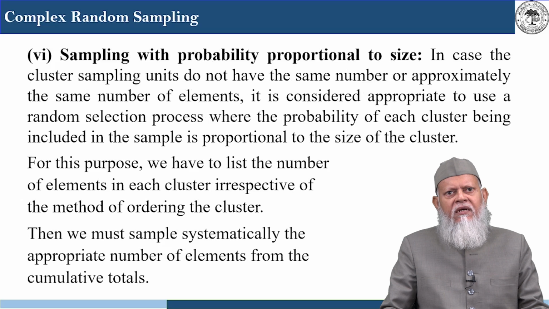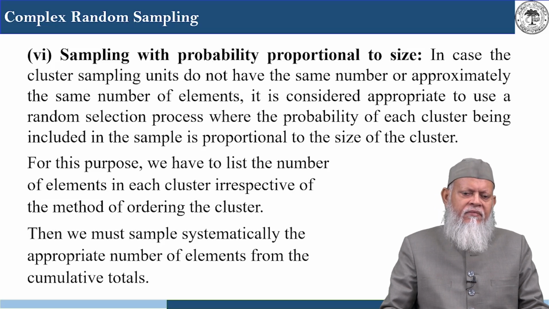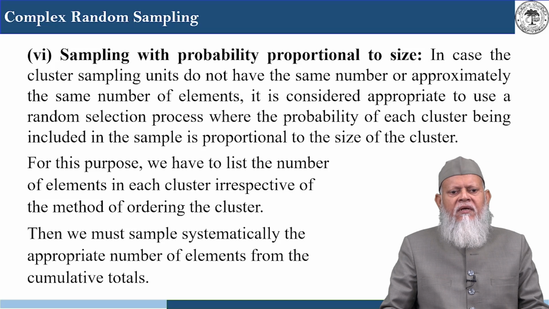Then we have the sampling with probability proportional to size. In case the cluster sampling units do not have the same number or approximately the same number of elements, it is considered appropriate to use a random selection process where the probability of each cluster being included in the sample is proportional to the size of the cluster.